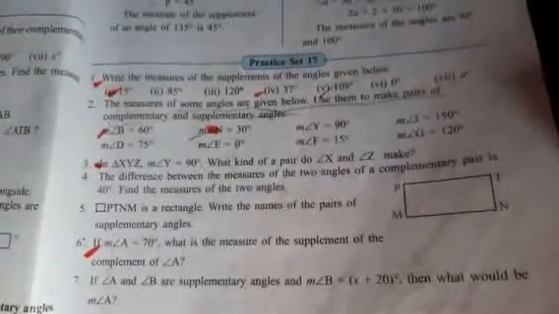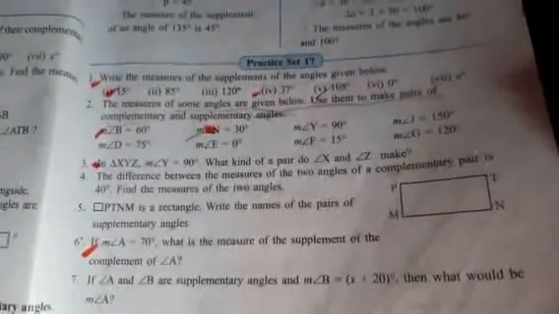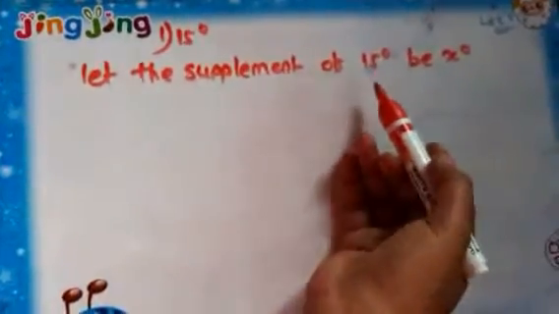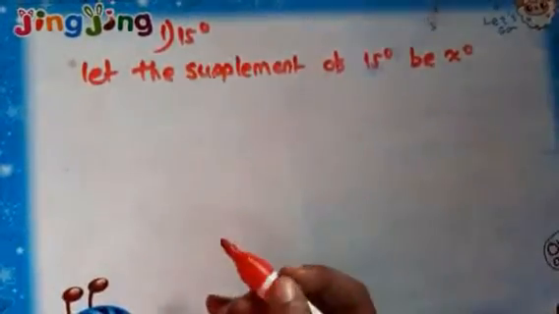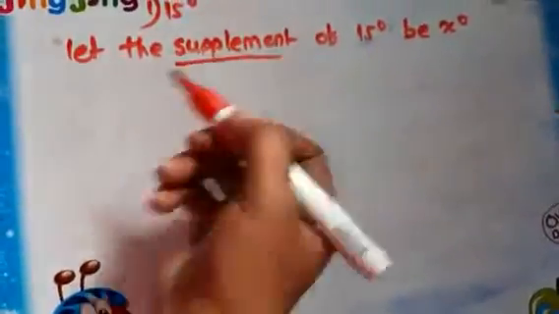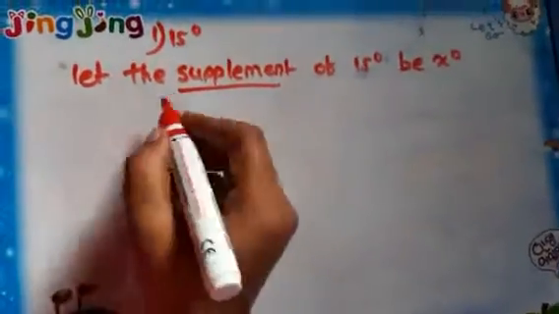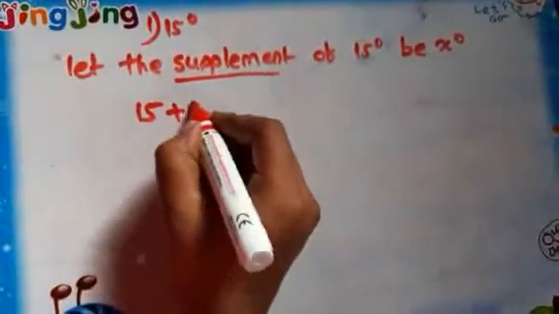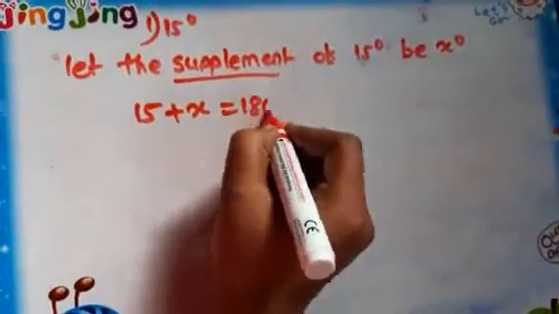Now we will move towards practice set 17. Question number 1: write the measures of supplements of the angles given below. First is 15 degrees. For this also we will write: let the supplement of 15 degrees be x degrees. Supplementary angles means the addition will be 180 degrees. So 15 plus x will be 180.